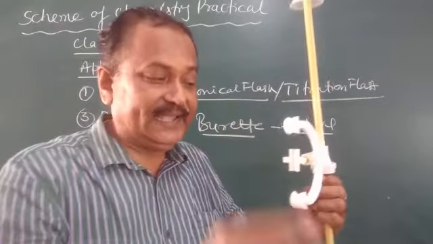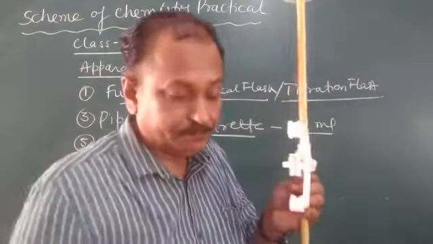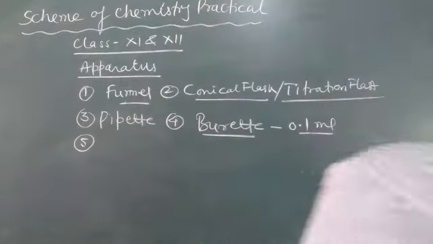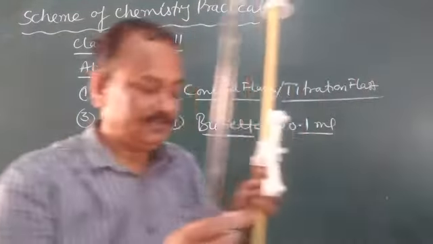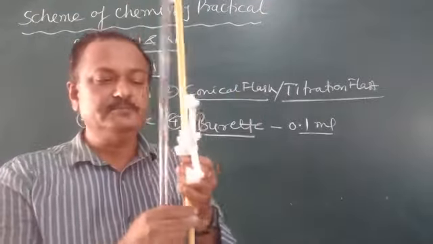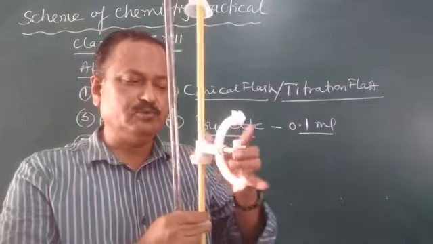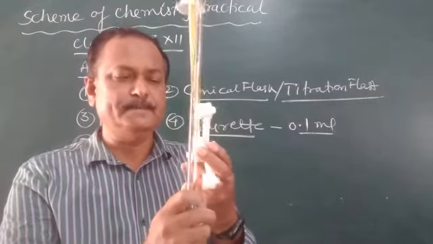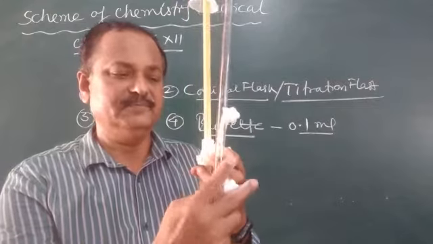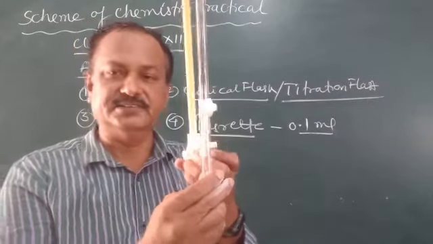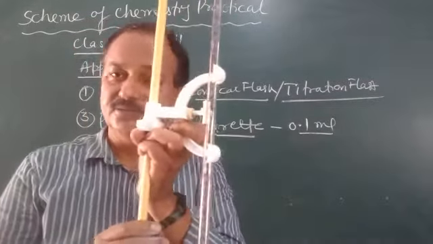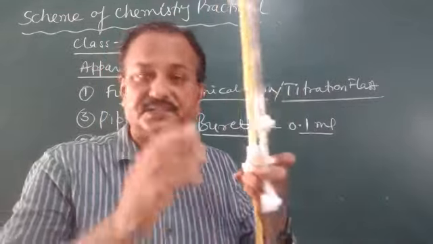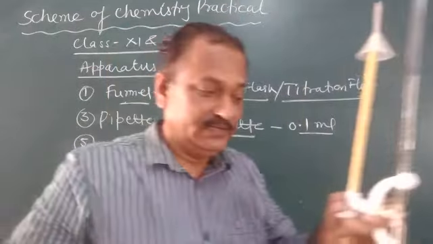We attach the burette here. Just press here and we keep it like this. With one hand, press here, and then we put it in like this. So this is the safety device to use it. This is called the burette stand.